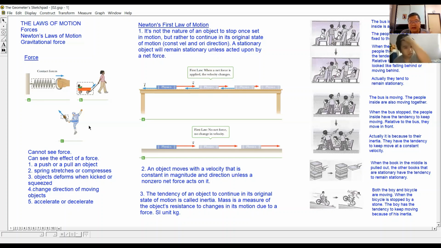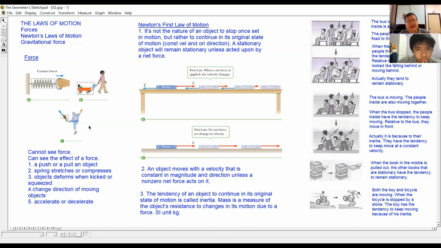One more time. We cannot see the force, but we can see the effect of the force. For non-moving, stationary objects like the spring, when you stretch it, the spring is in a state of stretch, or when you compress it, it is in a state of compression.